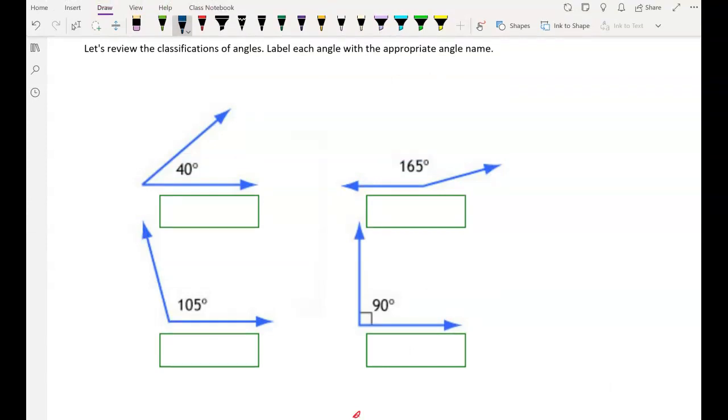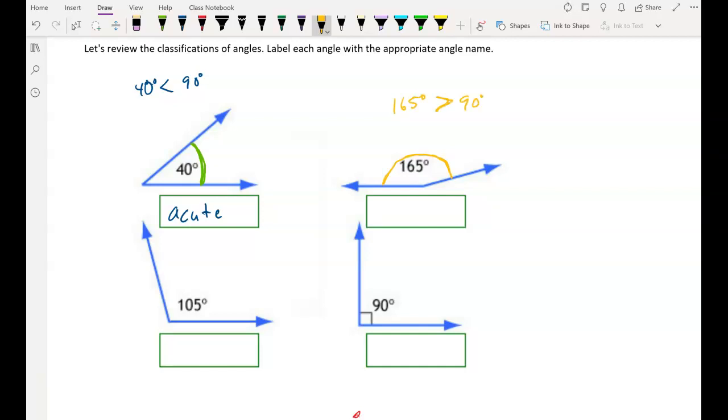Now, this angle here, the distance, the space between these two rays is 40 degrees. 40 degrees is less than 90 degrees, and so that means that it is acute. That's an acute angle. Now this next angle, this one measures 165 degrees between the two rays, and 165 is greater than 90 degrees.